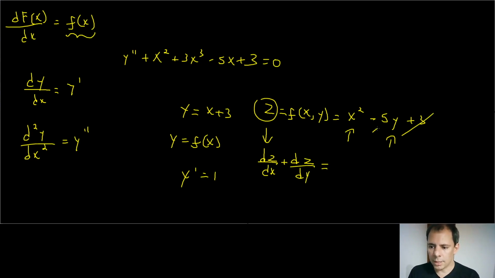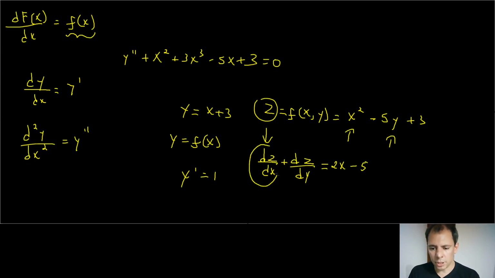So this is a constant and this is also a constant with respect to x. So it's going to be 2x, right? And now you differentiate it with respect to y. So this is a constant with respect to y and this is also a constant. What's going to matter when it's with respect to y? It's this. So it's going to be minus 5. So this is a partial differential equation, okay?